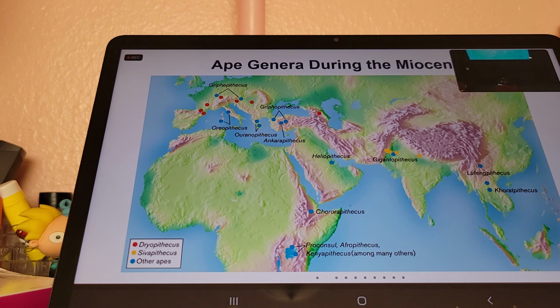So we have apes widespread and a wide variety of adaptations among the apes. And you gotta love some of the ape genus names. We got Oreopithecus here in the Mediterranean. Giganopithecus. Those guys actually were really big.